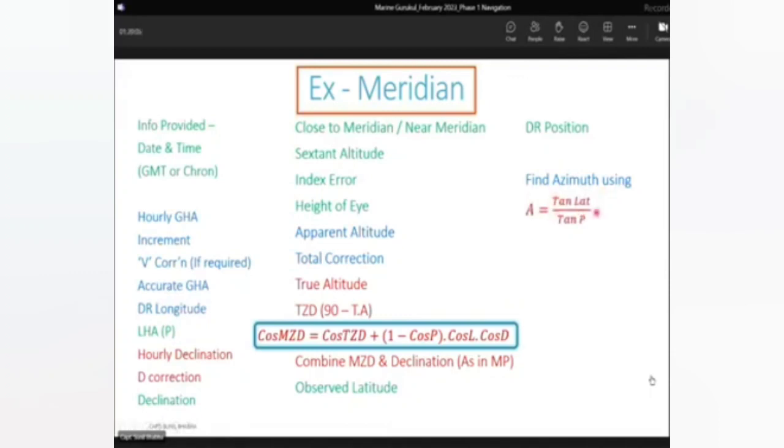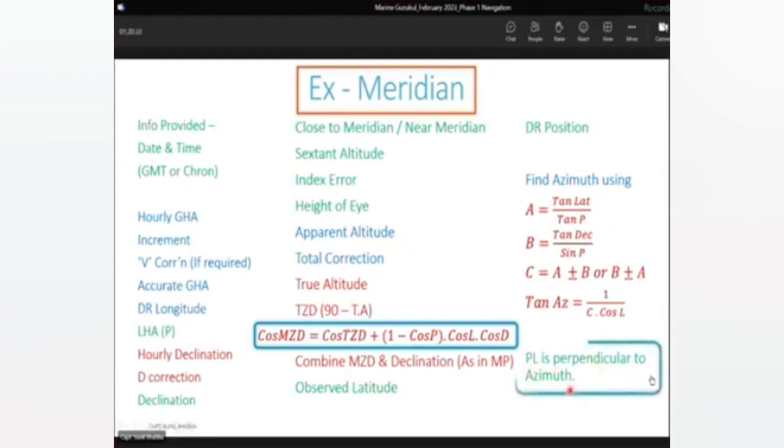A is equal to tan latitude upon tan P. B is equal to tan declination upon sine of P. We combine both of them to obtain the value of C, and then we use it in the tan azimuth = 1 by C into cos lat formula to get the azimuth of the body. Once the azimuth is obtained, we know that the position line is perpendicular to the azimuth of the body.